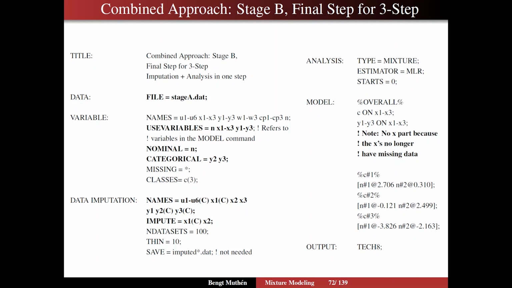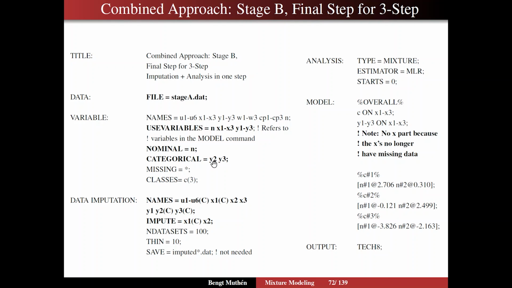Slide 72, then you have stage B, the final step, and let's take 3-step first. So the data file is the stage A data that we created in the previous stage. And this is the names list that we just looked at. Use variable list, as we noted earlier, is x's and y's with an n added to it, the nominal n.